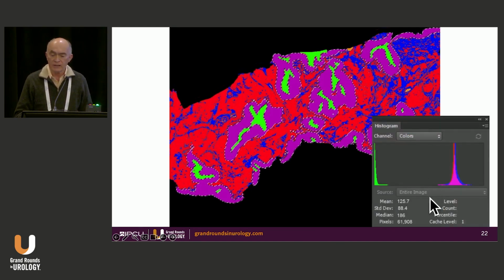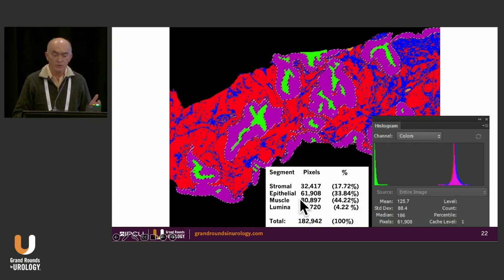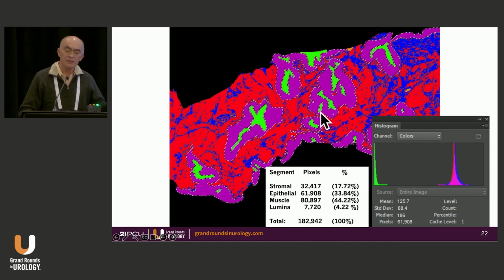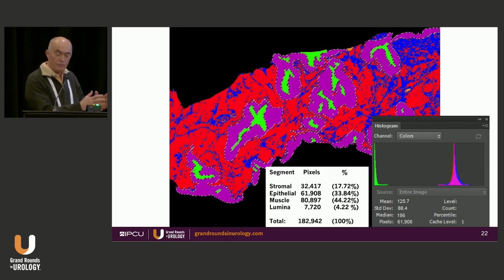And with that, using the same Photoshop, we can do a histogram in which each of the colors is identified with pixels, and those pixels are counted in regard to the total. We can identify the percentages of each component, and then we were able to compare the individuals in the placebo arm of the trial versus the individuals who were being treated.